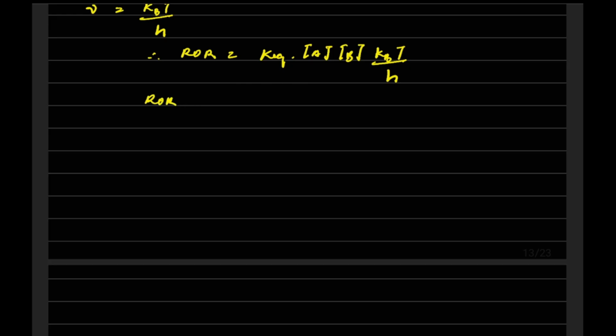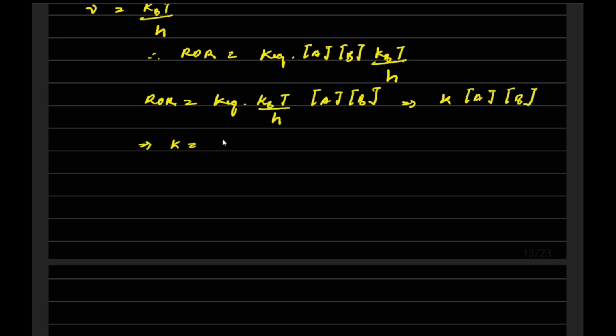That is, rate of reaction is equal to K equilibrium into kBT by h into A into B. We can write this as K times concentration of A into concentration of B, where K is equal to K equilibrium kBT by h, that is equal to K. Okay, so we know from thermodynamics that delta G equals minus RT ln K equilibrium.